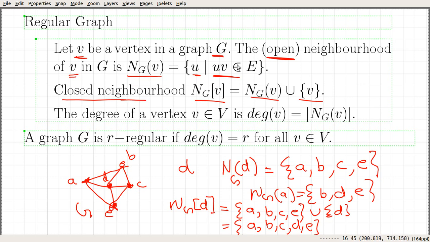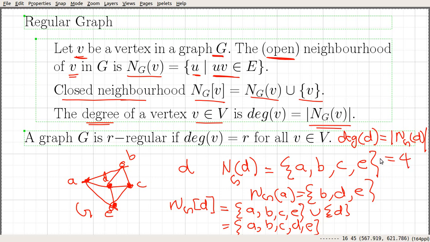Once we have this definition, we can define what is called the degree of a vertex V. The degree of the vertex is defined to be the cardinality of the open neighborhood of V. In this case the degree, denoted by deg of D, will be equal to the cardinality of the open neighborhood of D. The open neighborhood of D contains these four elements A, B, C, E. So the degree of D is 4.